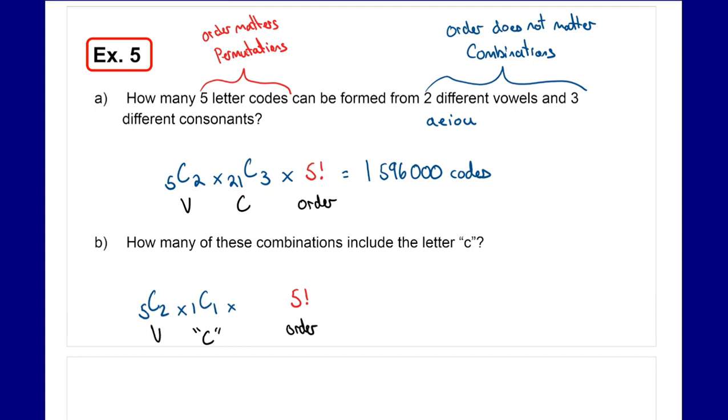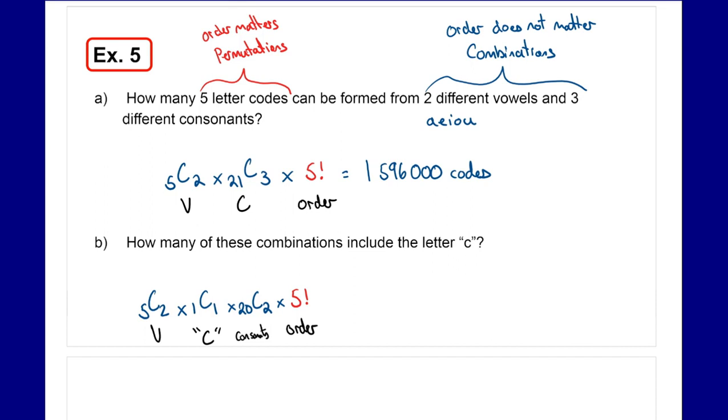And then we have our remaining consonants. So I have 20 remaining consonants. I'm choosing 2 of them. So that is what our group of 5 letters consists of. 5 vowels, choosing 2 of them. The one C, choosing it to include it. And then the 20 remaining consonants, choosing 2 of them.